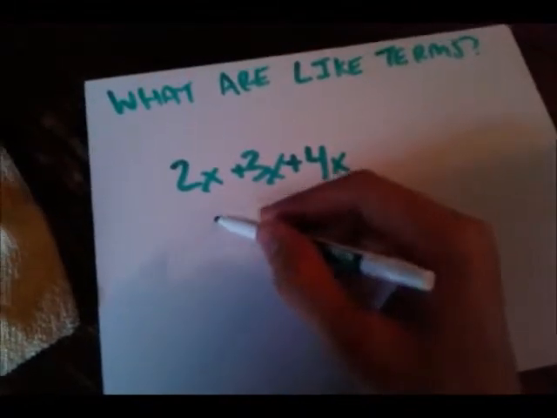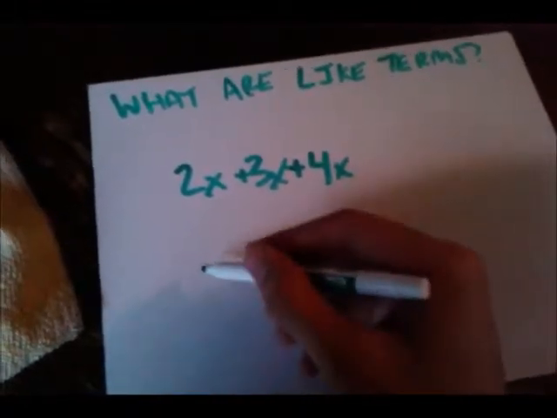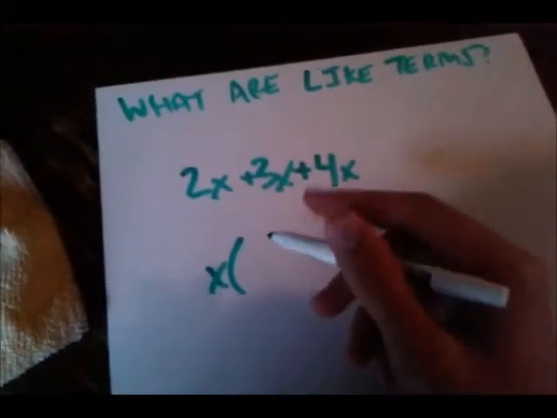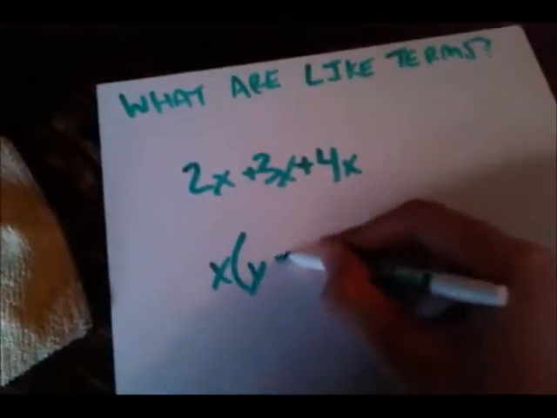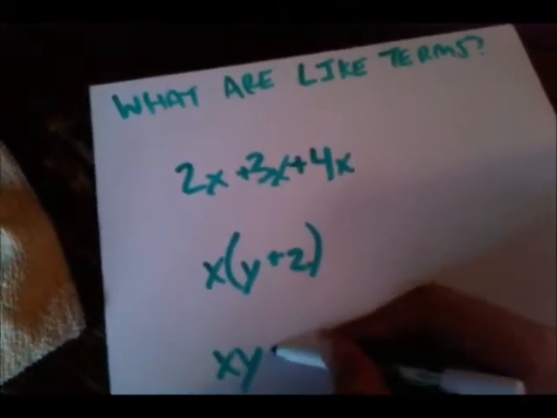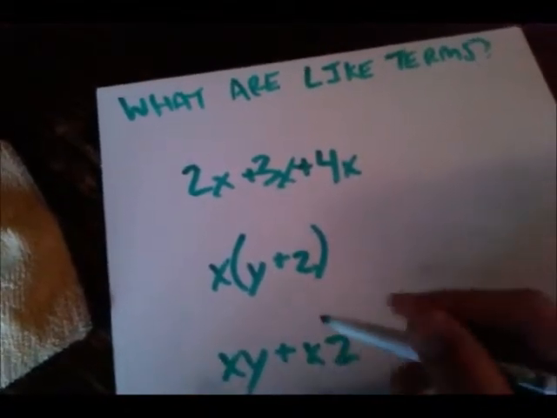First off, we remember the distributive property, which is x times (y plus z) equals xy plus xz.